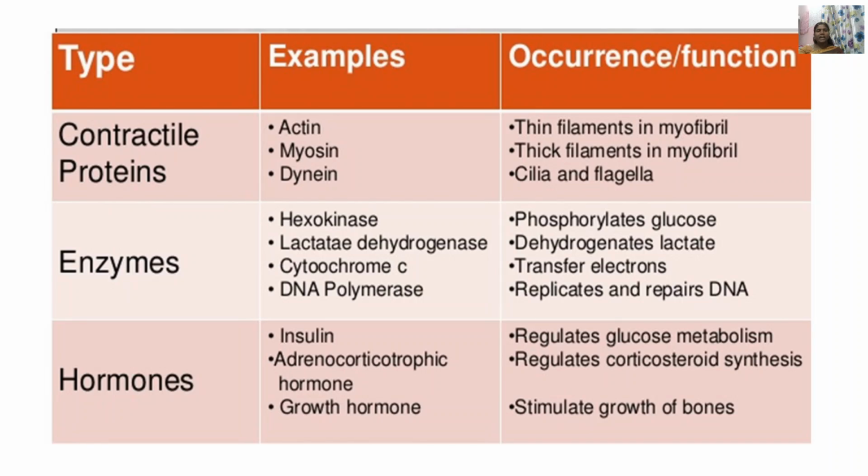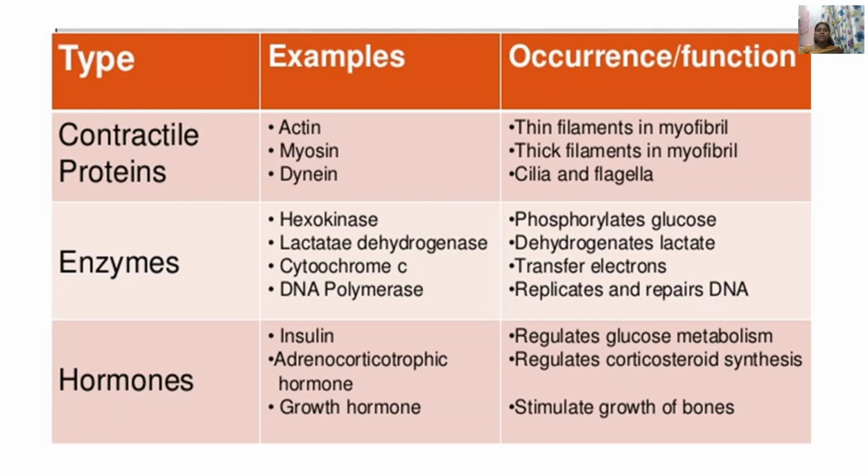Enzymes: hexokinase phosphorylates glucose in glycolysis; lactate dehydrogenase converts lactate to pyruvate; cytochrome c is present in the electron transport chain and transfers electrons; and DNA polymerase has a role in replication and DNA repair mechanisms.